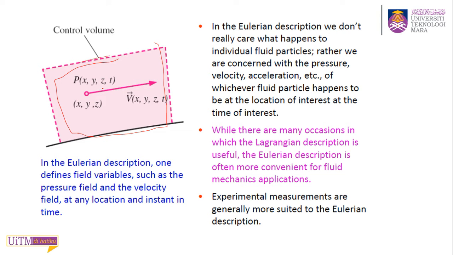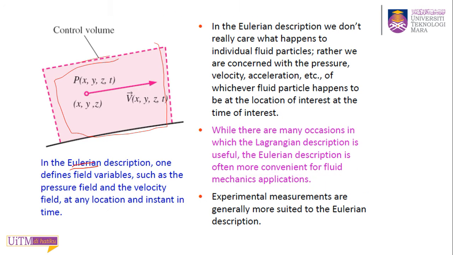So this is most applicable to analyze any fluid flow. We will use the Eulerian approach. Okay, so that's the difference between Lagrangian and Eulerian. So that's the basic theory.